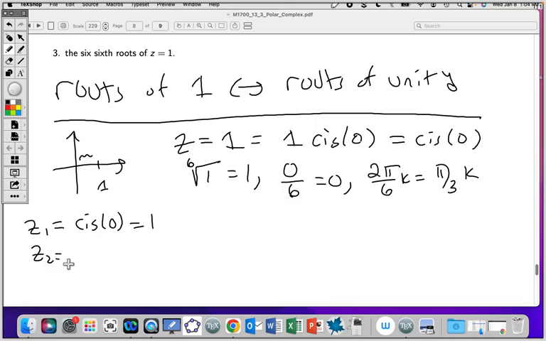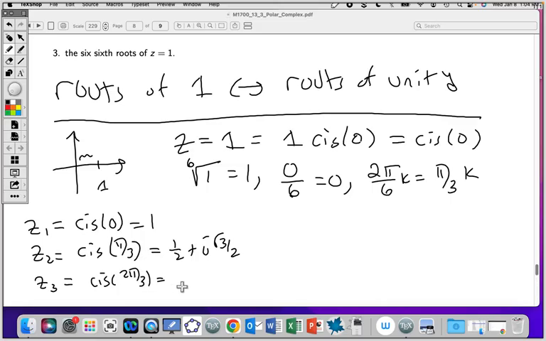Z2 would be cis, now I'm going to add pi over 3, cis pi over 3. So that's going to be 1/2 plus i square root 3 over 2. Z3, you'd add another pi over 3. So you'd be at 2 pi over 3, which would be minus 1/2 plus i square root 3 over 2.